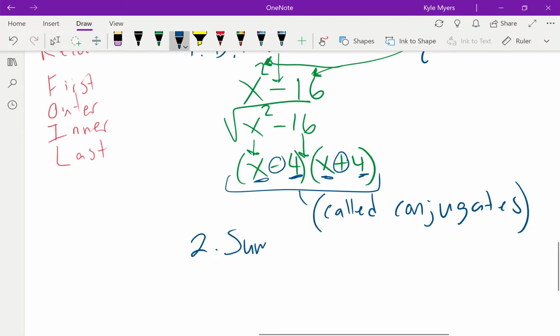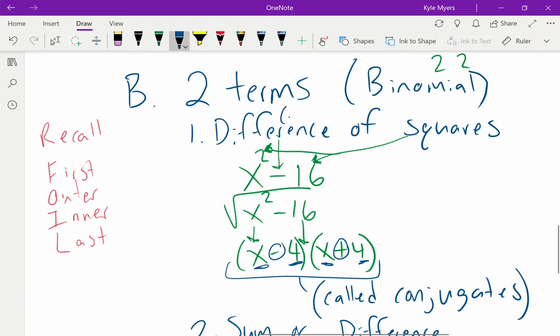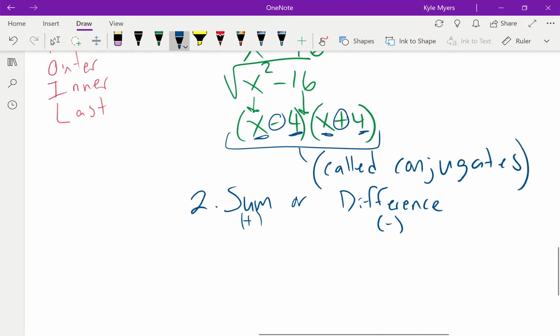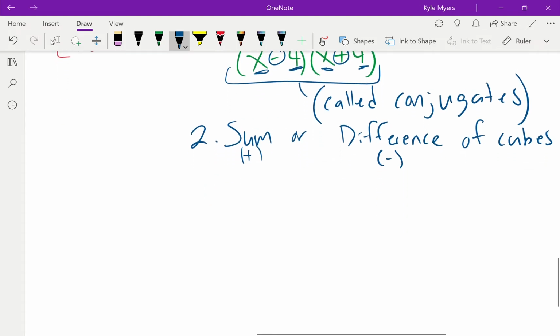Sum, meaning plus, or difference. A sum or a difference, which is minus. Might as well put that here as well. Sum or difference of cubes.